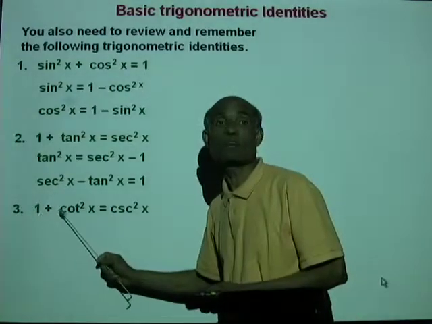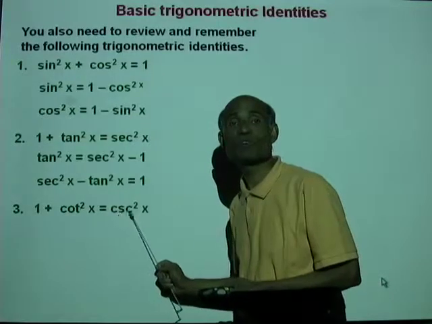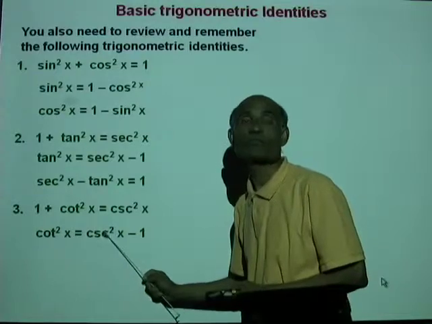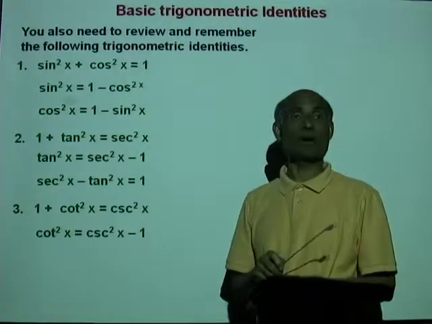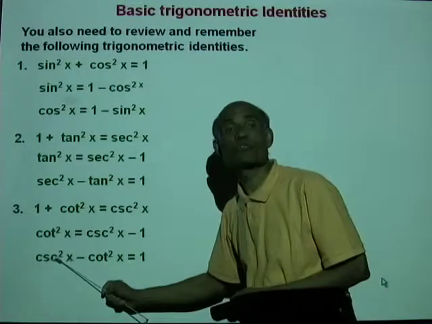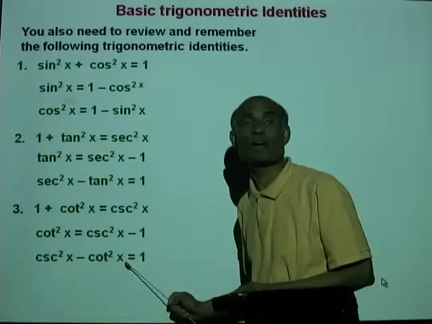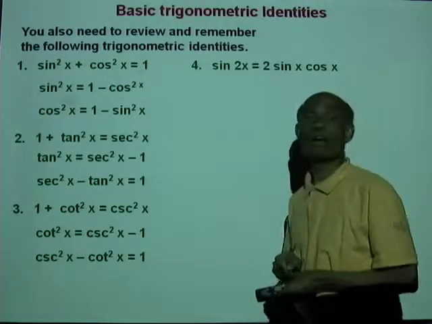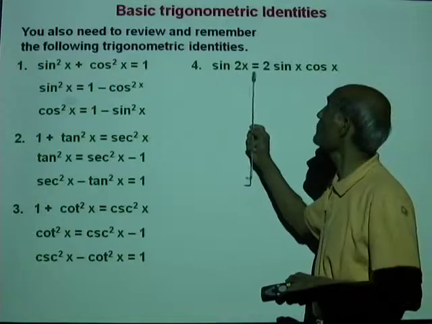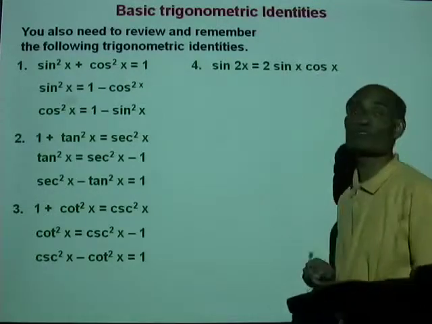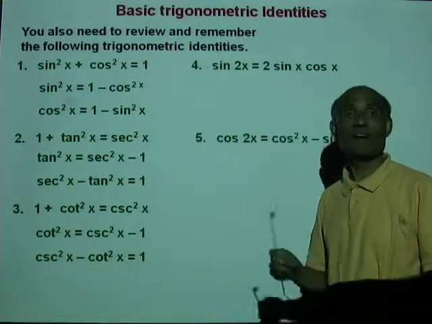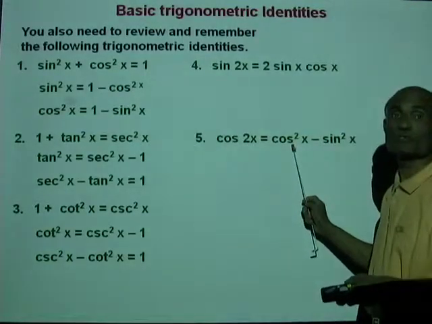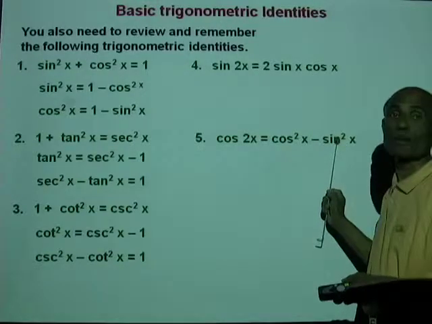Next one, 1 plus cot squared x equal to cosecant squared x. That means cot squared x equal to cosecant squared x minus 1, or cosecant squared x minus cot squared x equal to 1. Now the double angle identities, sine of 2x equal to 2 sine x cos x, and the double angle cosine, cos of 2x is cos squared x minus sine squared x.